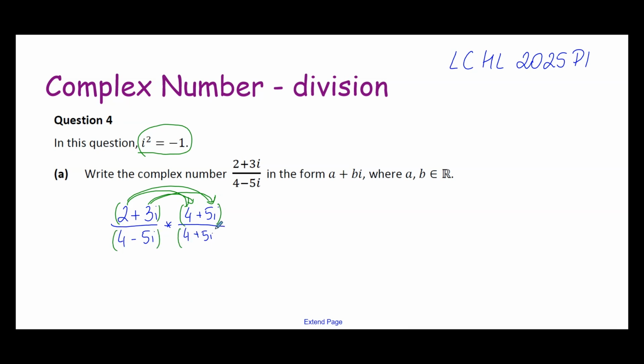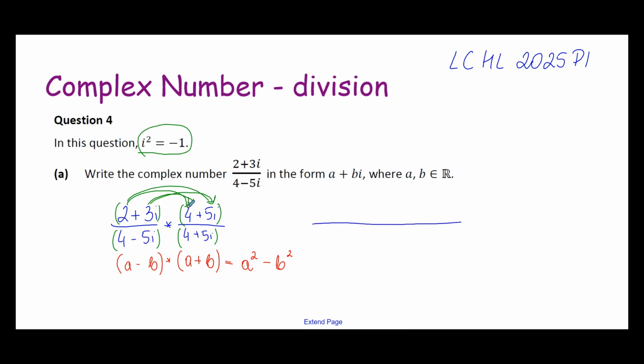And on the bottom of the fraction, we can actually use a formula: when you have two brackets multiplied by each other with the same elements, plus and minus in one bracket and minus and plus in the other, we can do a shortcut. It will equal the first number taken to the power of 2 minus the second number taken to the power of 2.